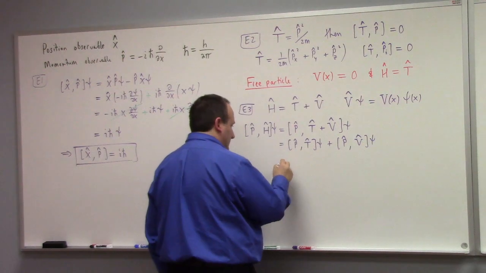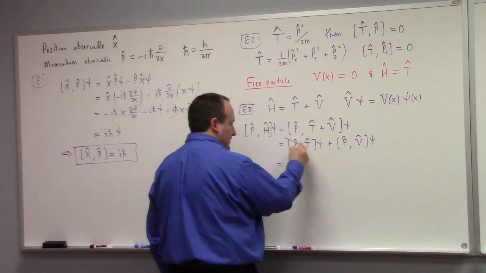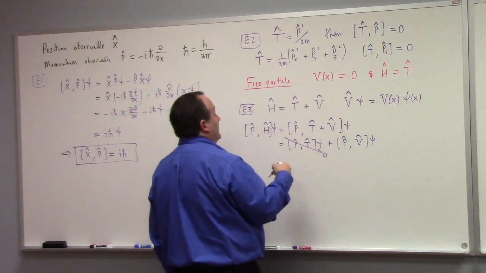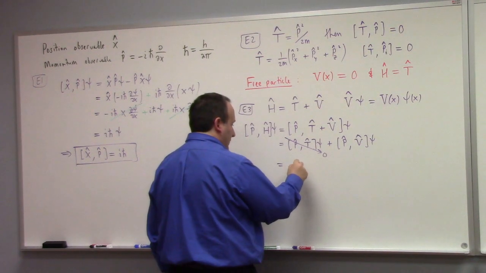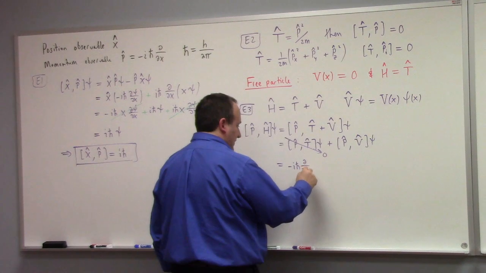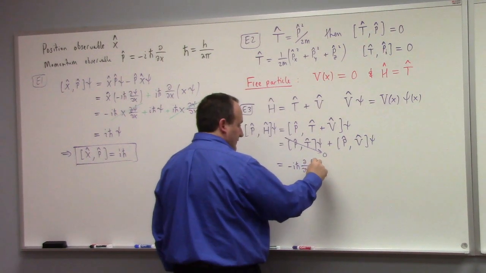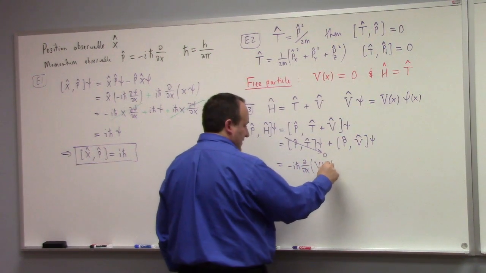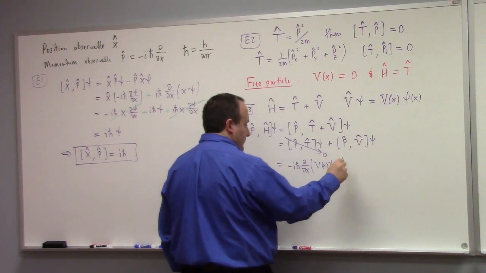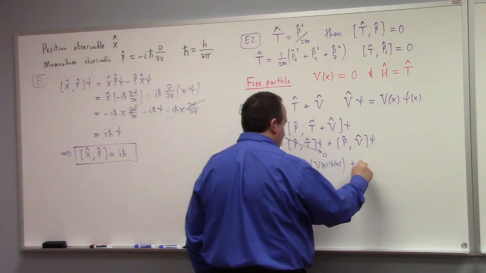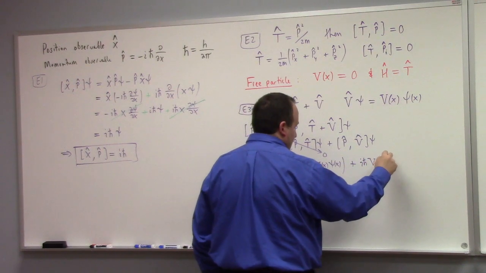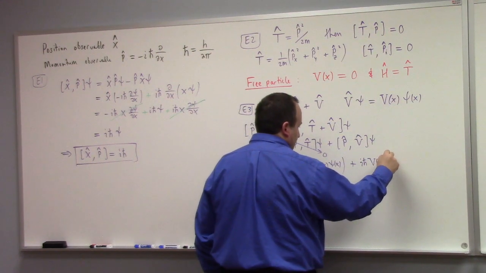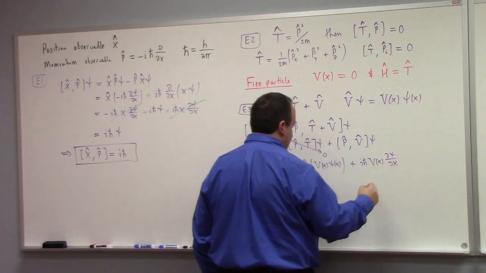So this piece goes to 0, a la example 2, and this piece, on the other hand, is minus i h bar partial x of V, which is a function of x, times psi of x, plus, I'll pull the i h bar out, V, which is a function of x, times partial psi partial x.